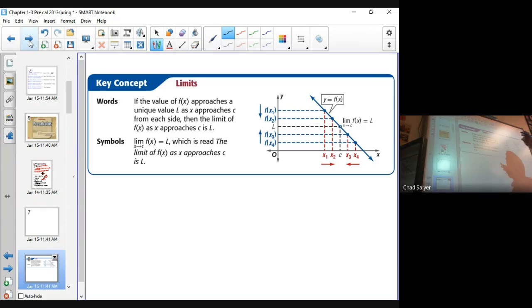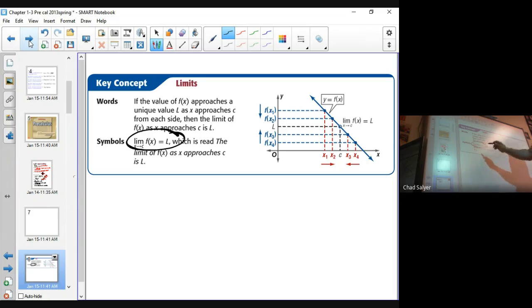Limits. So you'll see this limit notation here. So this is probably new to you guys. If the value of f of x at a point is what we're concerned about, the limit describes the behavior as the function gets arbitrarily close to that point.